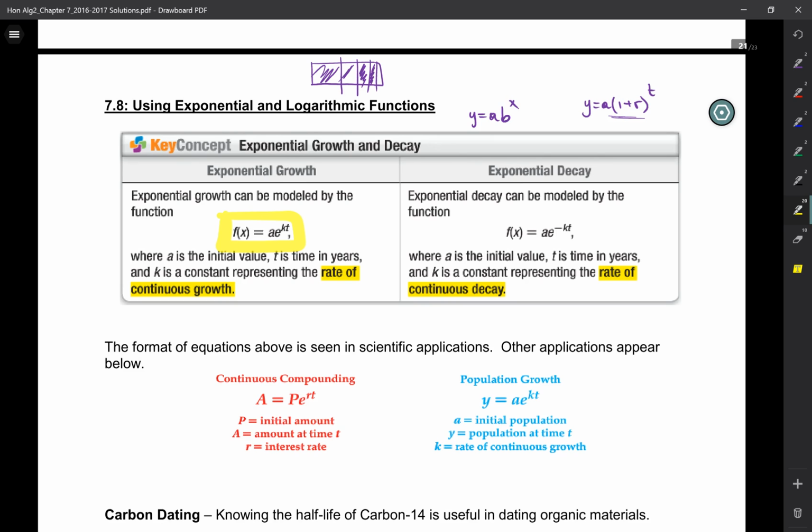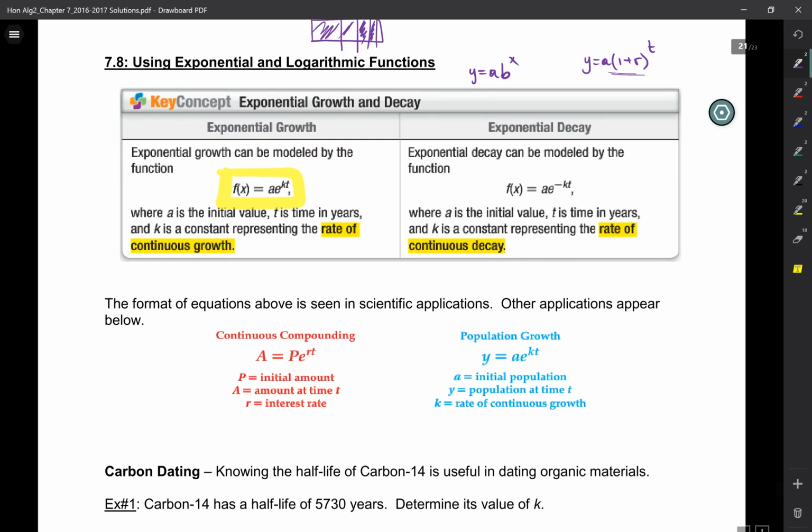Other ways that we see it are N equals N naught e to the kt, when we're talking about exponential growth. When we're talking about exponential decay, then we have this version of it, a e to the negative kt.